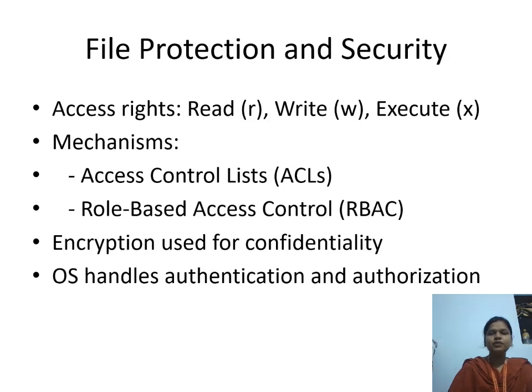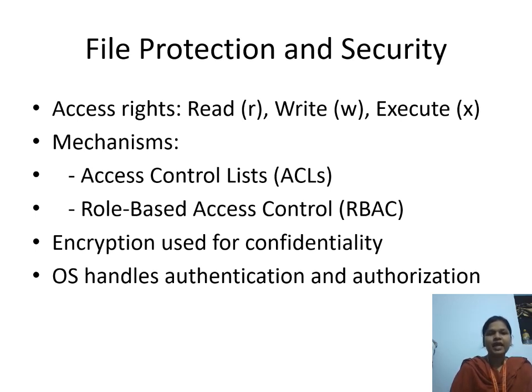Let us go to the topic file protection and security. When we talk about file protection, there are some operations we do on files: read, write, and execute. Access rights are of three types: read, write, and execute.